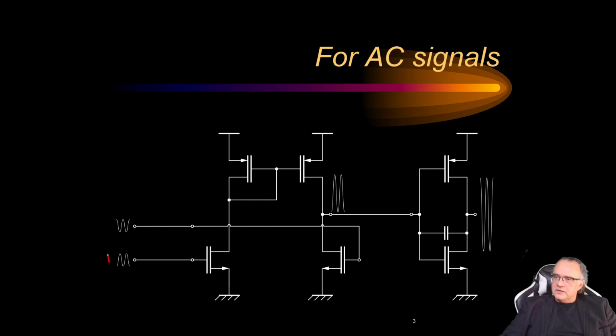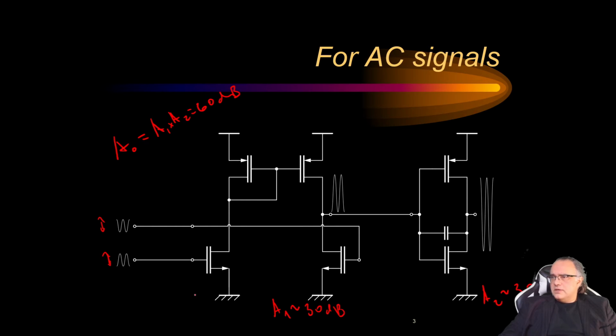At the input we have a differential stage, and the first stage is meant to provide a gain of about, say, 30 dB, and then if we have in the second stage, say, about 30 dB, we have total gain, the total gain for very low frequencies, will be then A1 times A2, which will be 60 dB.